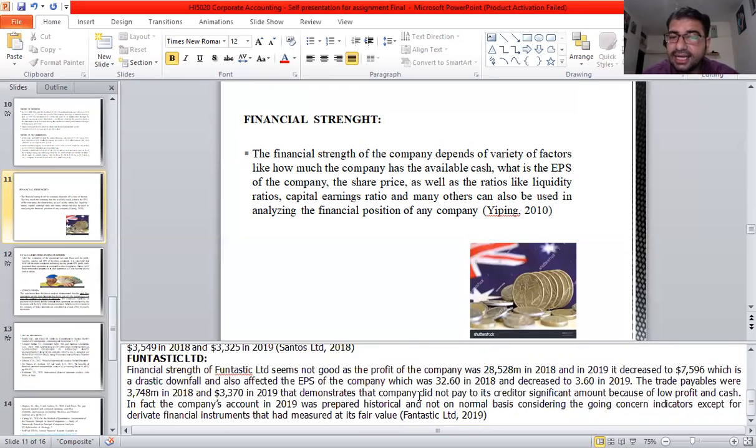That demonstrates that the company did not pay a significant amount to its creditors because of low profits and cash. In fact, the company's accounts in 2019 were prepared on a historical basis, not a normal basis, considering the going concern indicators, except for the derivative financial instruments that were measured at fair value, as written in the Fantastic Limited report.